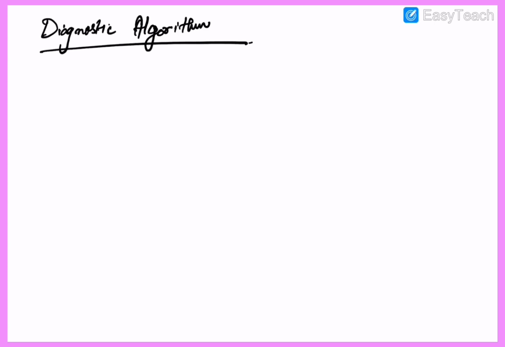Now, what is the diagnostic algorithm? Diagnostic algorithm to qualify rheumatic fever. Number 1, it can be 2 major criteria plus evidence of preceding group A streptococcal infection.